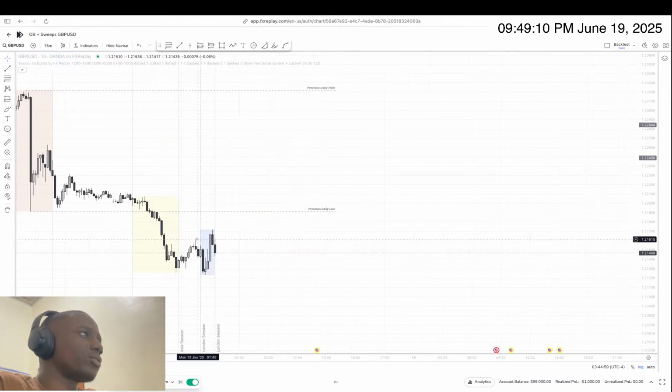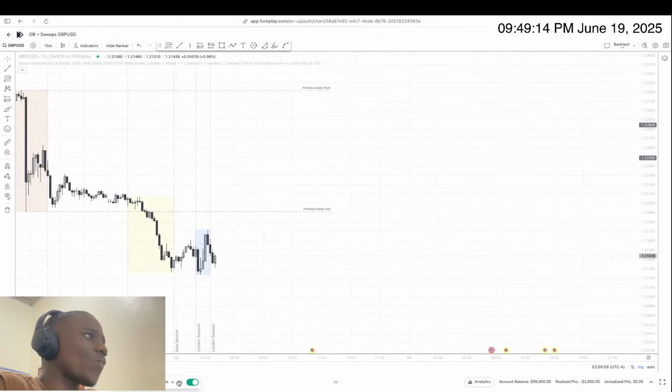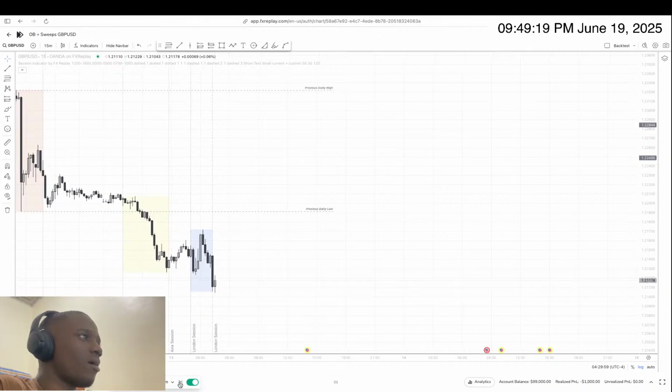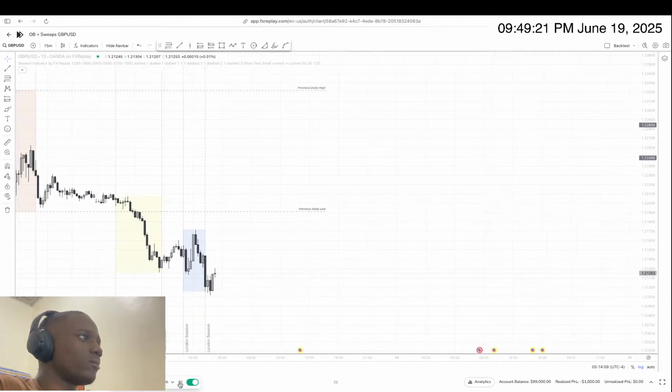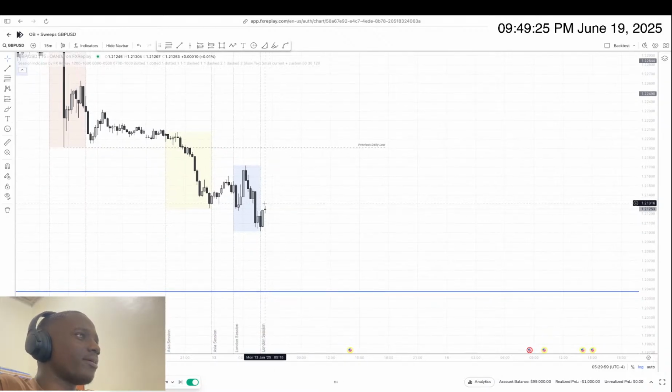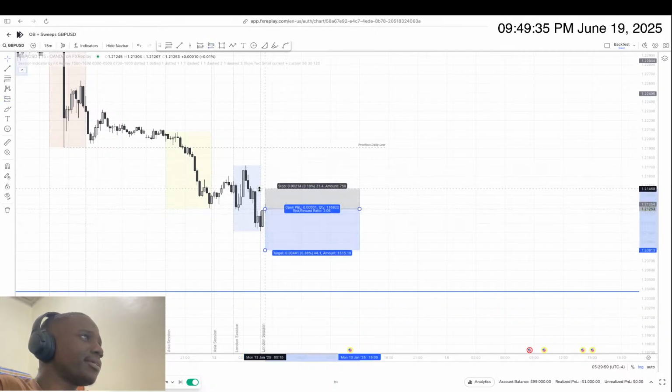We can see London took out this high, relatively close there. Okay, good fair value gap created. Okay, and we retrace into it, and I think that we will push at least into that sell side liquidity. So I take this entry.